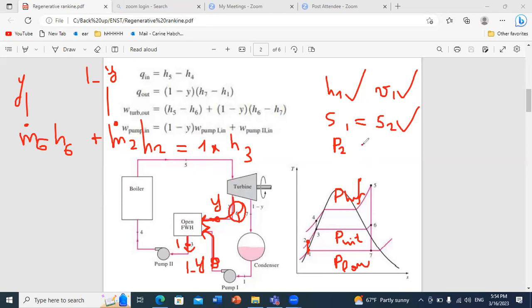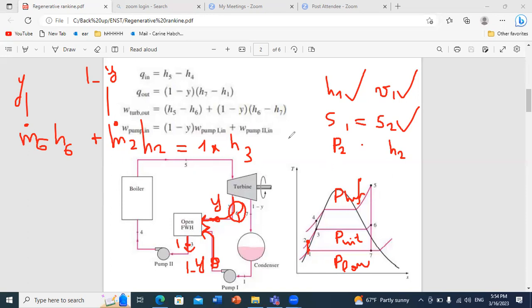If you remember in the problems we discussed together, sometimes you have the compressed liquid state, and in the tables you don't find this point in the compressed tables. So you can make an assumption, for example, take the value at saturated liquid.